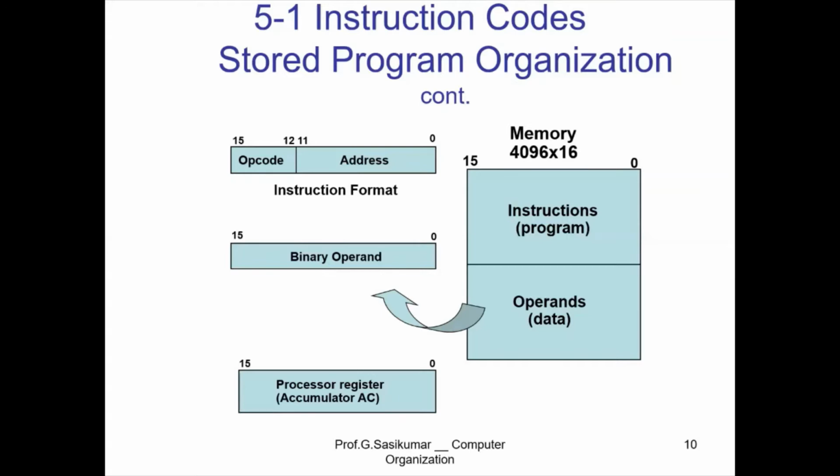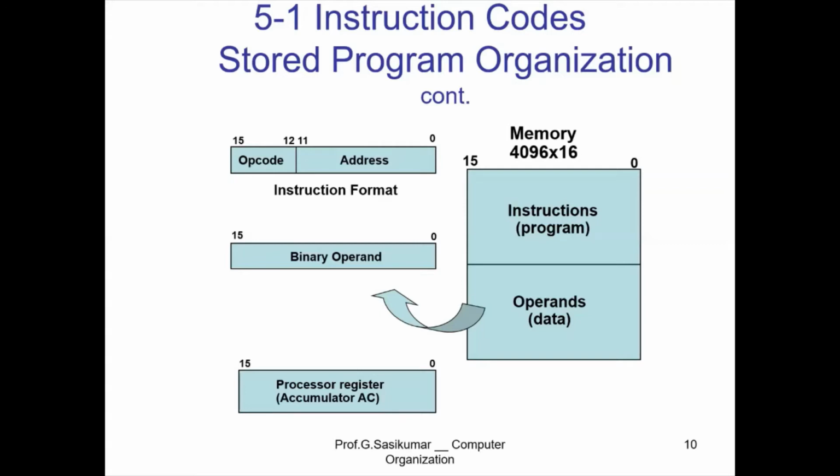So this instruction program and operand data is the base part of how the instructions are stored. Assume that this is your hard disk or RAM. You want to take out your Java program or C program from the computer.